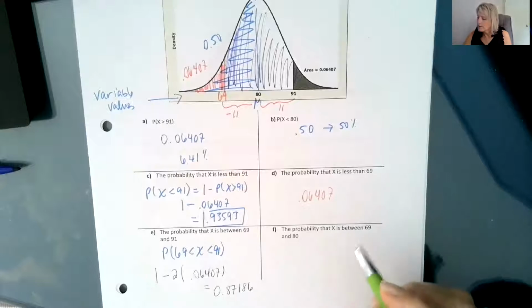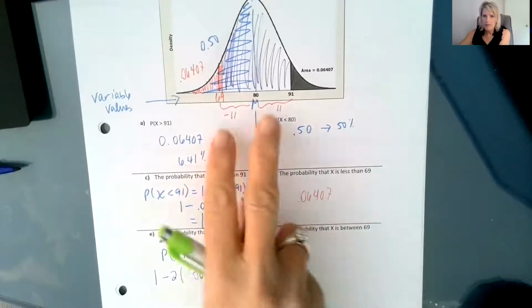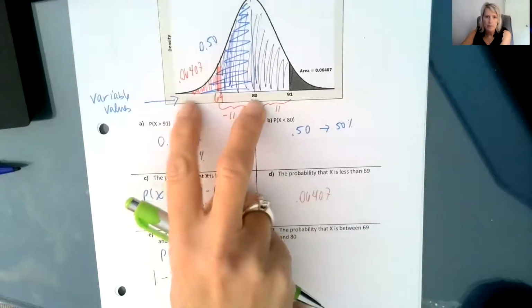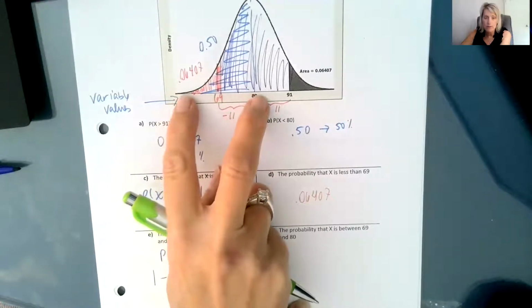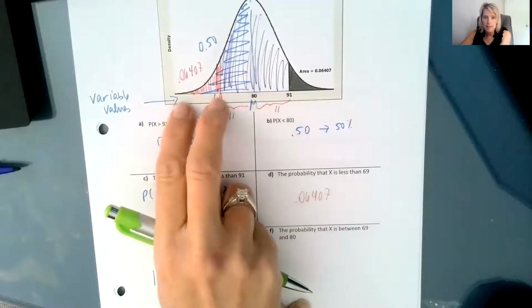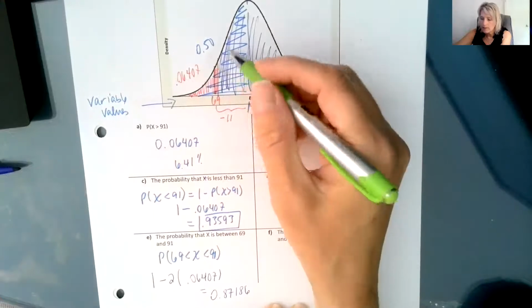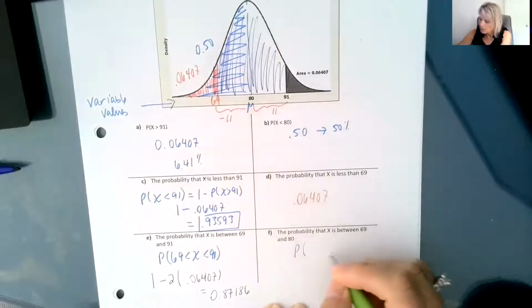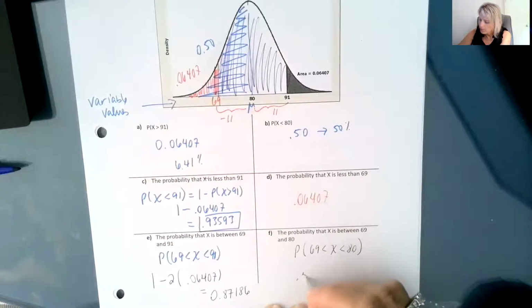Okay, F says the probability that X is between 69 and 80. So that looks like just there in between 69 and the mean. So if we know the left-hand side of 80 is all of 50% right here, we could subtract beyond 69 from 0.5 and find out the difference of what's right here. So we're saying, what is the probability that X is between 69 and 80? And so that means 0.5.